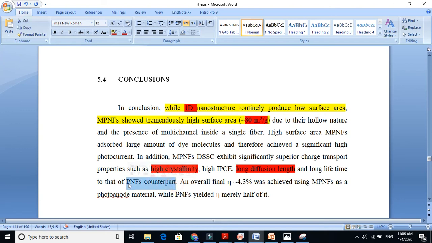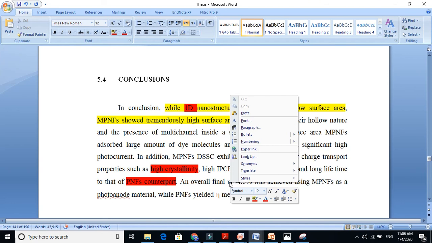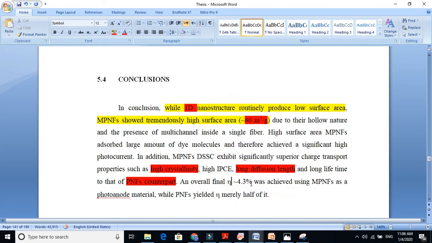You see, so we say that the multiporous nanofiber is superior to the porous nanofiber. Finally, we say that in overall efficiency, 4.3 was achieved in multiporous nanofibers, while porous nanofiber yielded merely half of it.